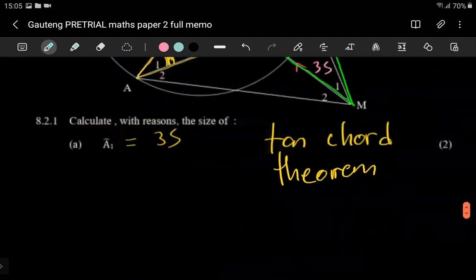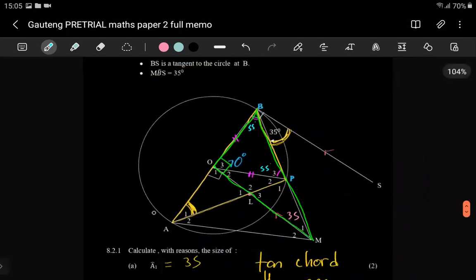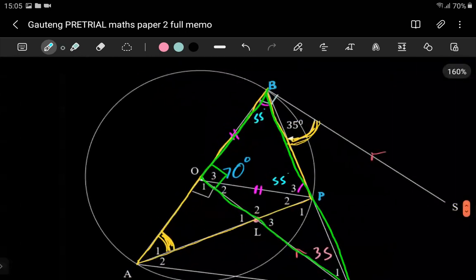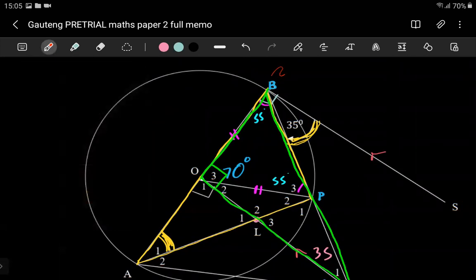There's A, B. There's not even a C. I think they meant OLPB because there's no D in this question. So the shape you have to prove is a cyclic quadrilateral is this one.